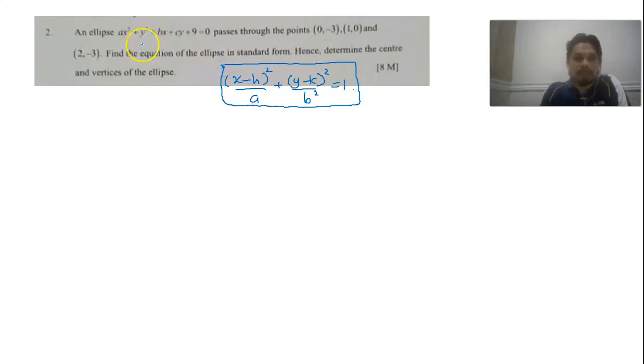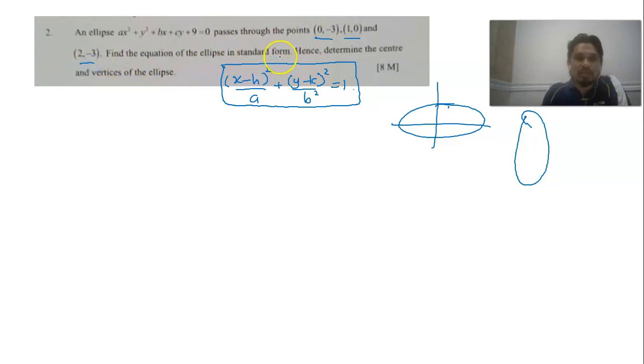But for this question, the ellipse could be in this shape or a vertical shape. The only thing given to us is these three points, for the equation in standard form.